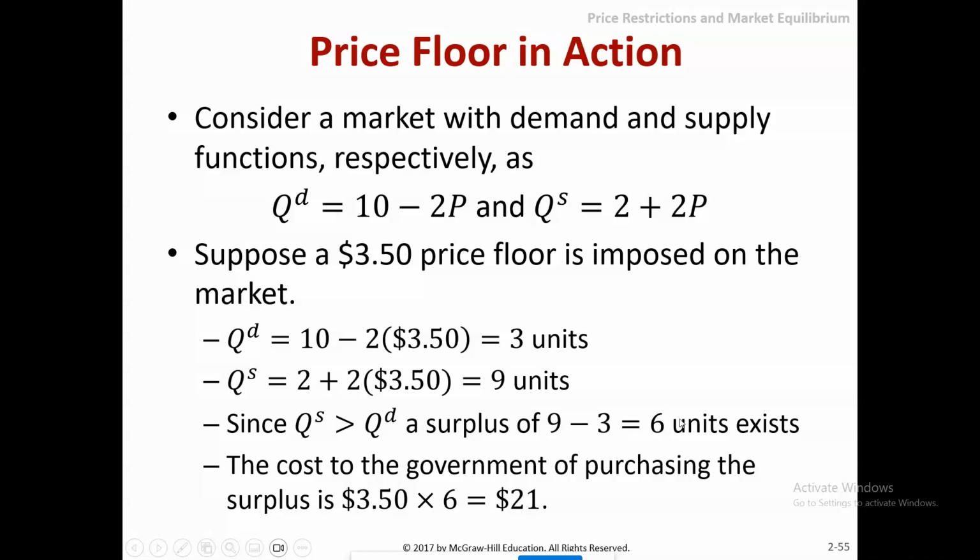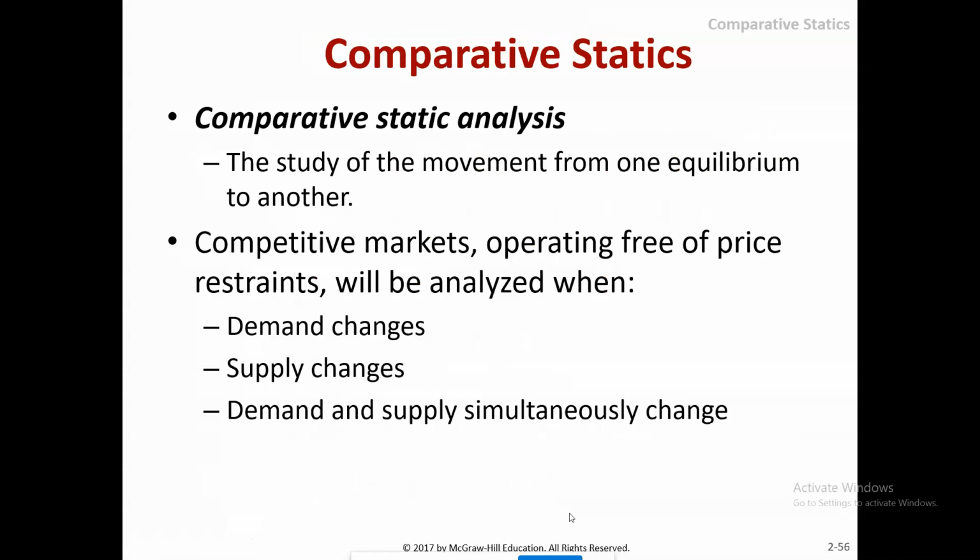And that results in this gap of 6 units of surplus unsold. Then the government has to purchase those unsold products, 6 units at the floor price, which is $21. They're going to use $21 of tax money to pay for this excess quantity supplied.